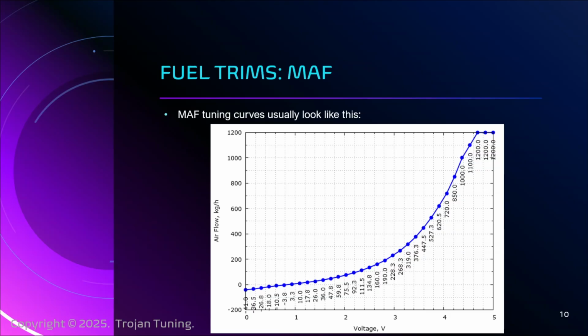If I do that continuously across all known airflow states, which is here on the left, right, where I see the kilogram hours of air coming in. I prefer grams per second. We'll talk about that later. And then over here we have all our voltages, right? I know that if I'm the ECU, if from the math I'm getting this value of 3.0 volts, which comes up here, I know that I have, on this axis, 228.3 kilogram hours of air coming in.